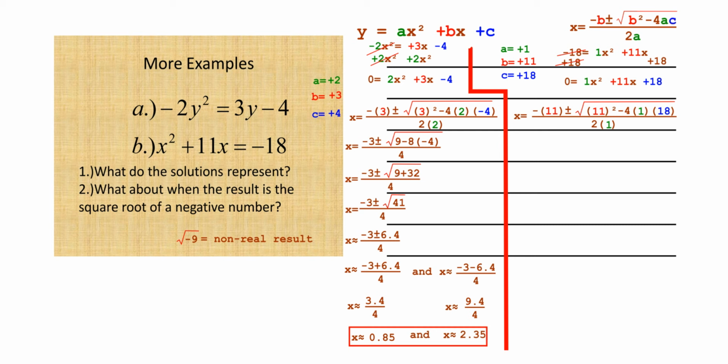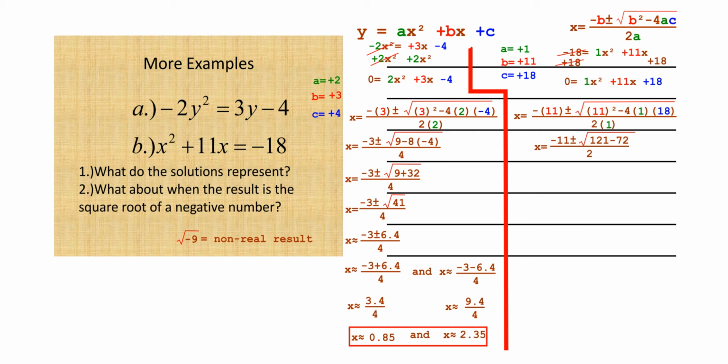And let's simplify. I really don't need the negative on the 11. Let's see, 11 squared, that's where your calculator could come in really handy. So 11 times 11 should give you 121. Double check with your calculator. Now 4 times 1 is just 4, right? 4 times 18 should give you 72. Highly recommend you check with your calculator.